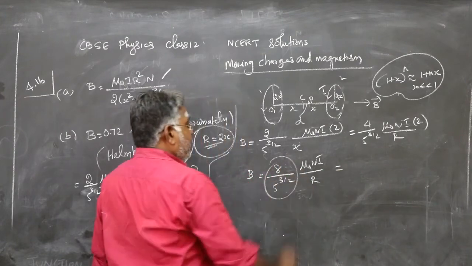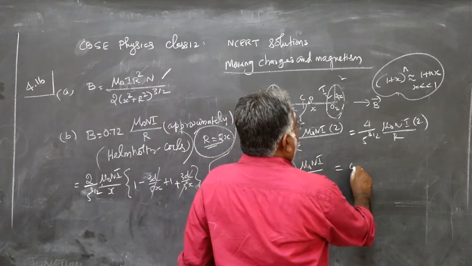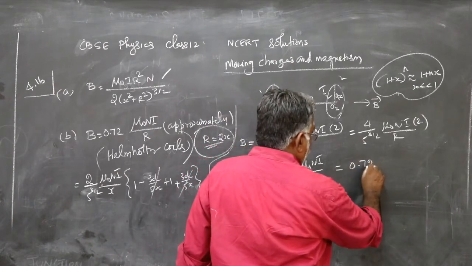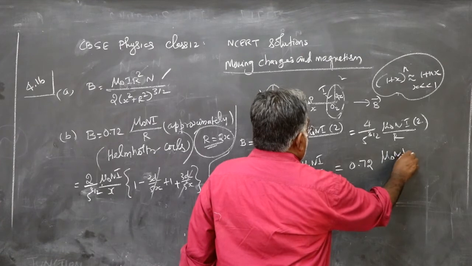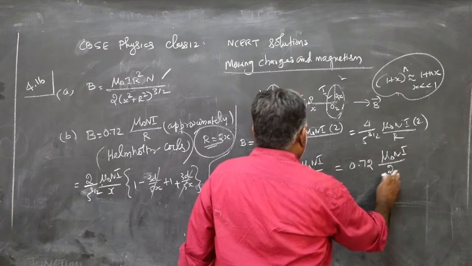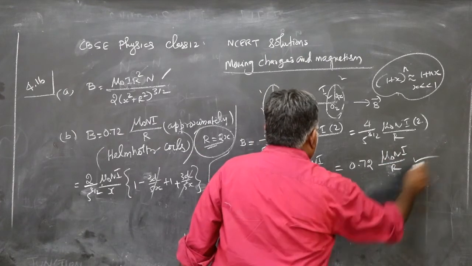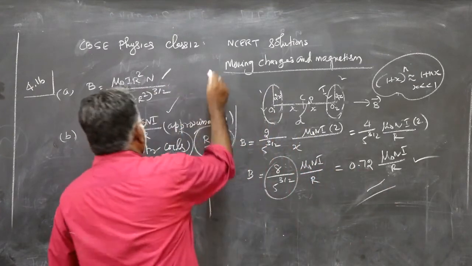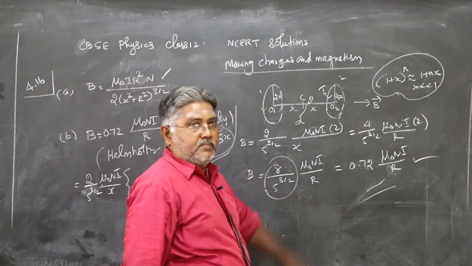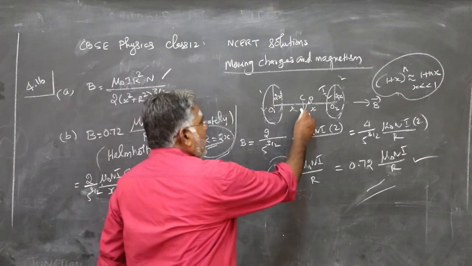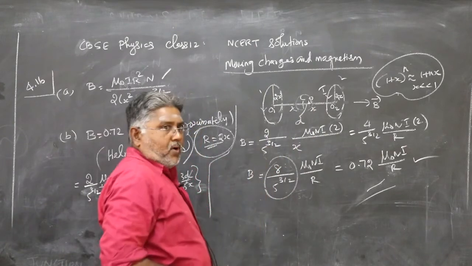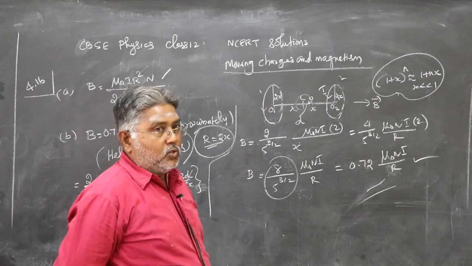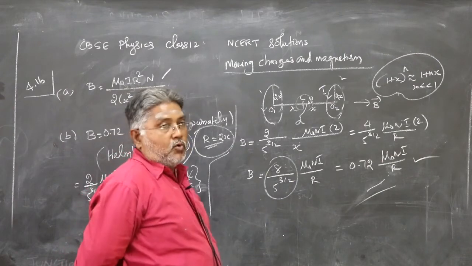But 8 divided by 5 power 3 by 2 will come as something like 0.7155. Say, write 0.72 mu naught ni by r. This will simplify as 0.72. You see it is independent of x. That is somewhere close to the point C, which is the midpoint of the line O1 O2, or which is midway between O1 and O2.